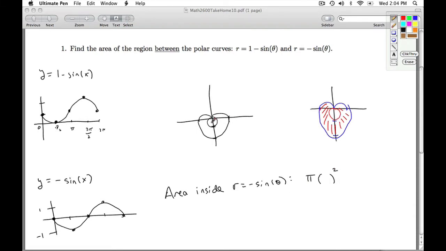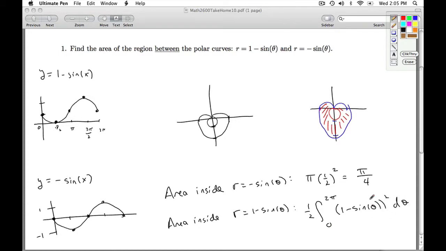Since the diameter is 1, the radius is 1/2, so I just get pi over 4. If I want the area inside the first curve, then I can just take 1/2 the integral from 0 to 2 pi of (1 minus sine theta) squared d theta. That's where the bulk of the work is going to be, computing this integral. Once I find this integral, I'll subtract pi over 4 and then I'll be done.